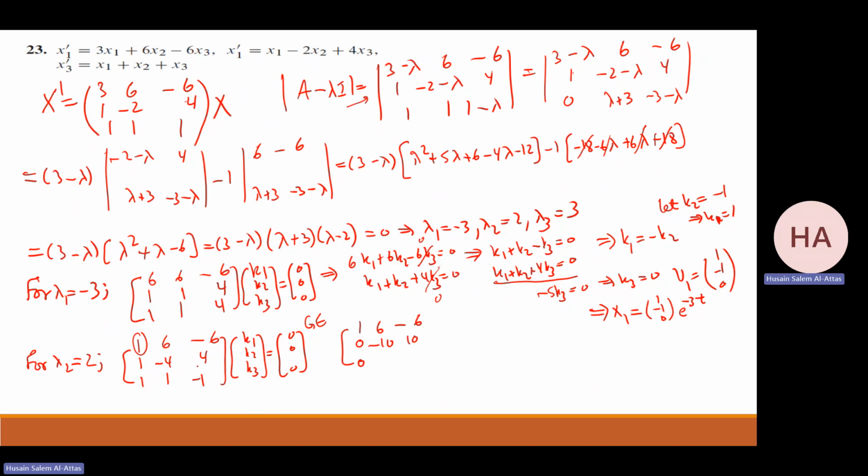By minus 1 and add, that will be minus 5. By minus 1 and add, that will be 5. 0, 0, 0. Now divide by minus 10: 1, minus 1, 0, 0. Now multiply by 5 and add. That will be 0. That will be 0. So I have K2 equal K3.